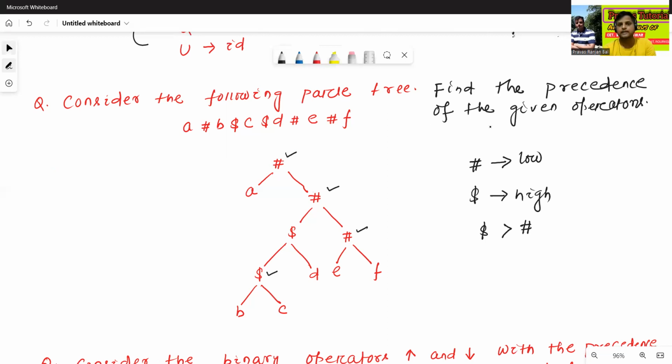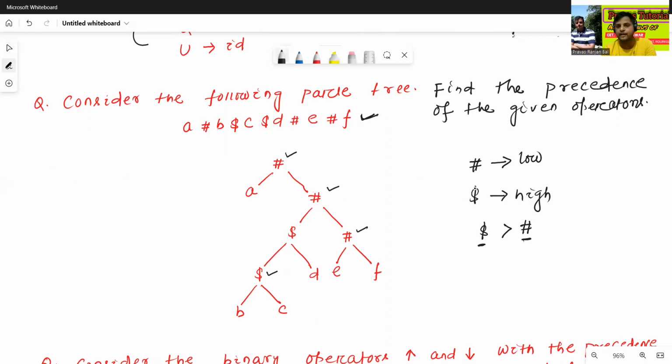One more question: how to evaluate this expression? This is very, very important. The precedence of dollar is very high as compared to hash.